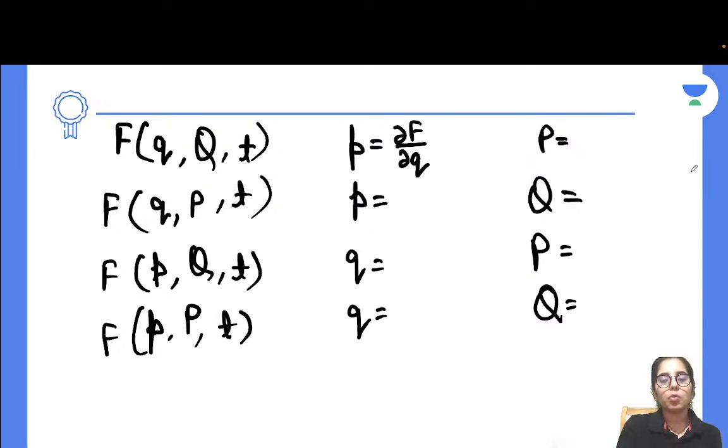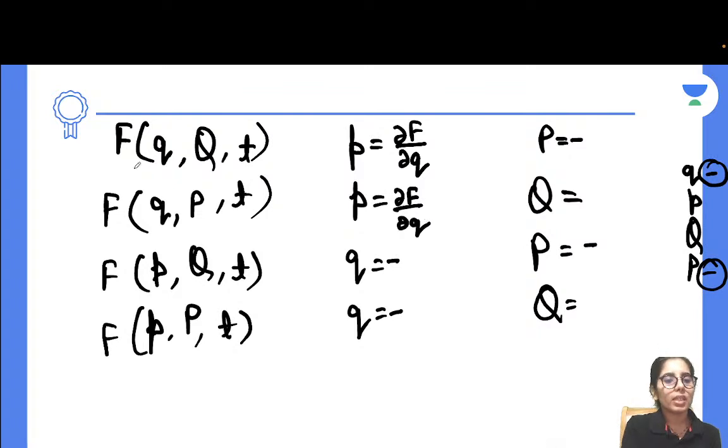And remember one more thing, q p. So your first and the last terms' expressions will be negative while the other ones will be positive. So it's going to be delta F over delta Q, but the particular type of function only we have to consider.